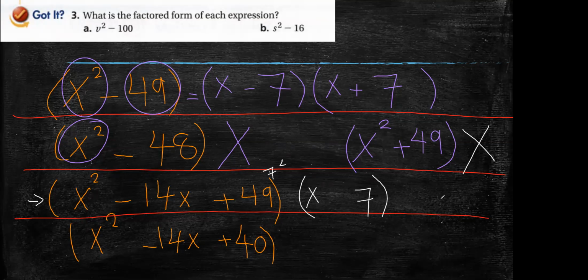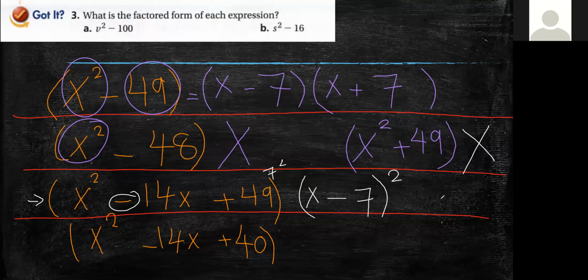Then we have a minus sign here. Negative 7 times x is negative 7x, times 2, negative 14x. So this is a perfect square trinomial, and it can be factorized in this way.